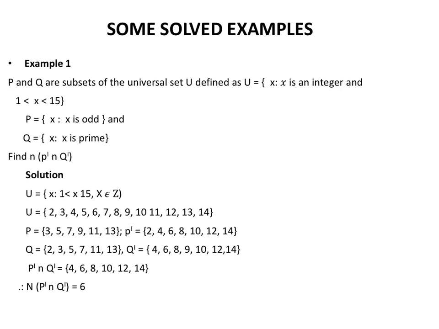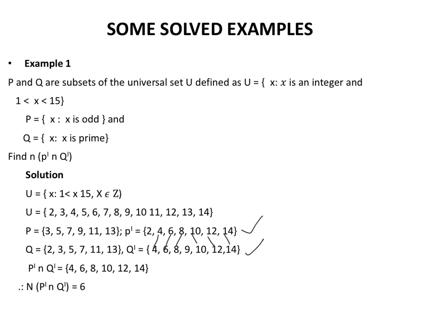So P prime intersection Q prime, the elements they have in common, we have 4, 6, 8, 10, 12, 14. This is P prime and this is Q prime. The elements they have in common are 4, 6, 8, 10, 12, 14.